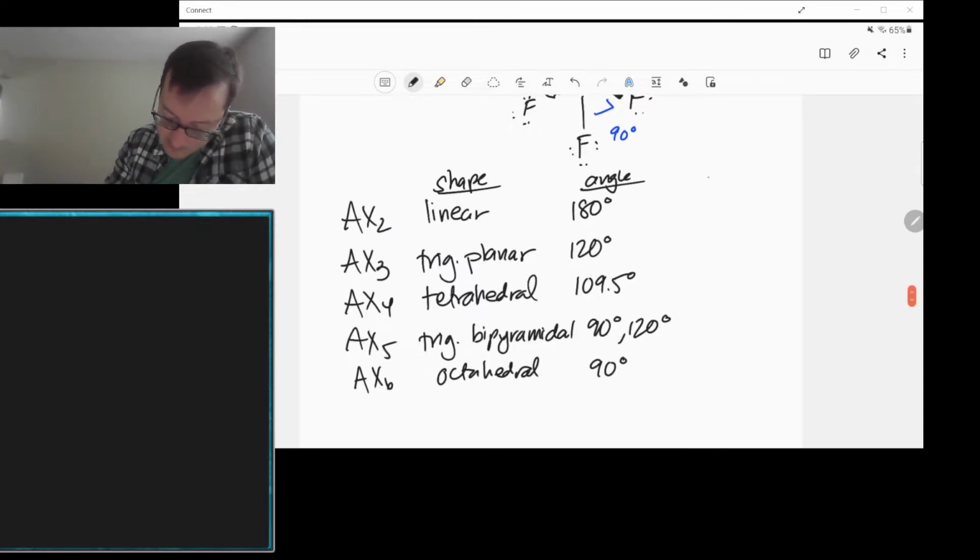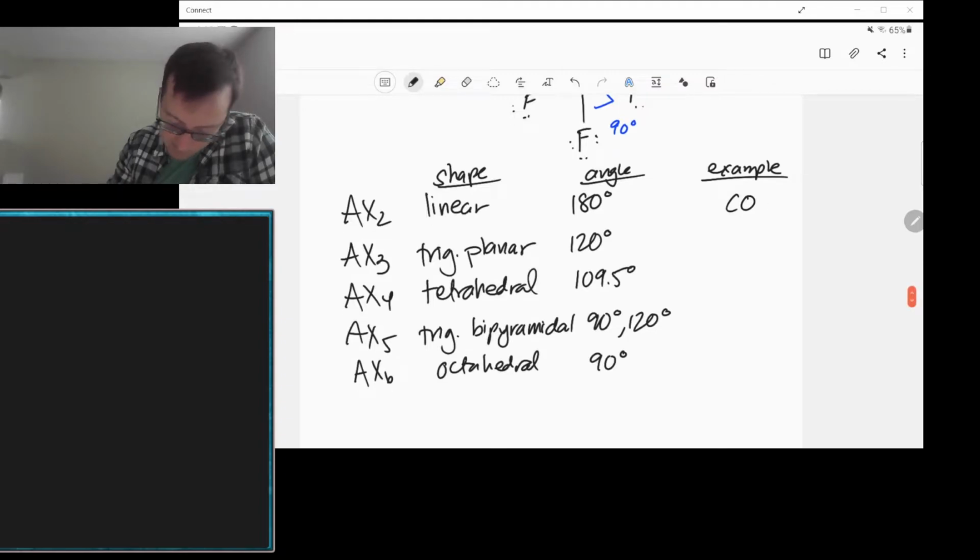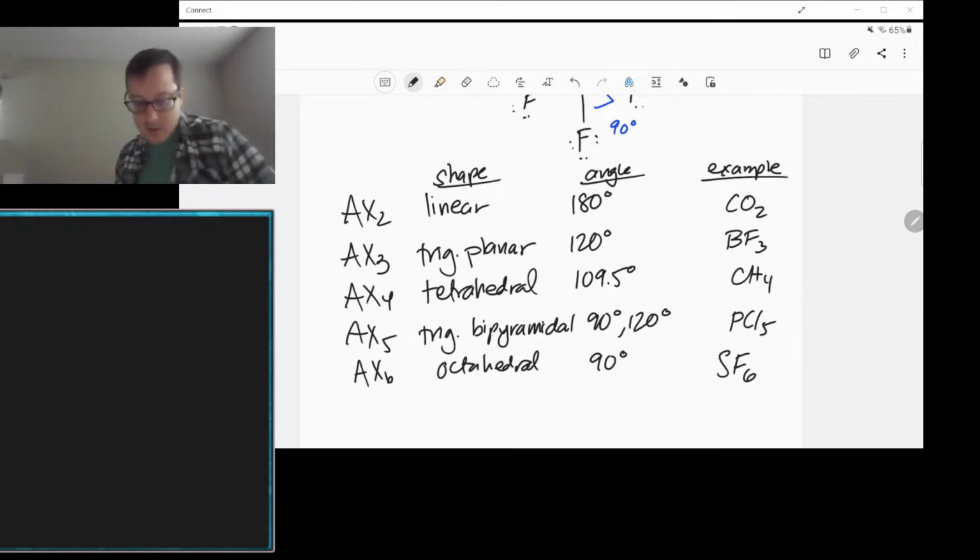And then we have an example for all of these. This would be carbon dioxide. AX3, we did BF3, AX4, AX5, and AX6. We have examples of all these things.